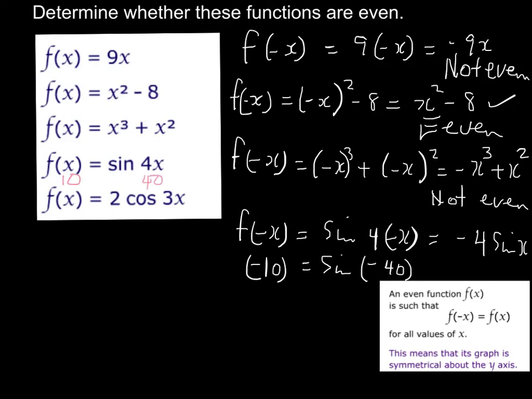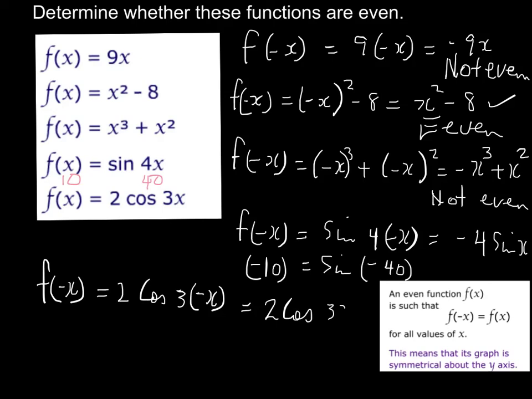So let's look at the next example. We have f of minus x equals 2 cosine of minus 3 times minus x. When we simplify this, we get 2 cosine 3x. You can always do a quick check. You could input a value, say x as 10, in the original function, and then you test it with the minus.